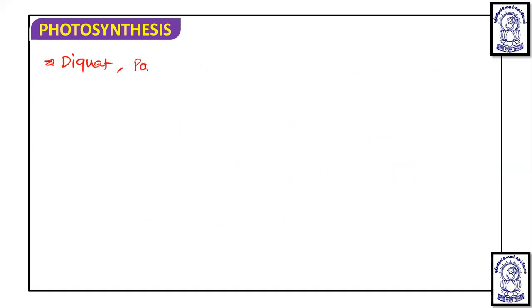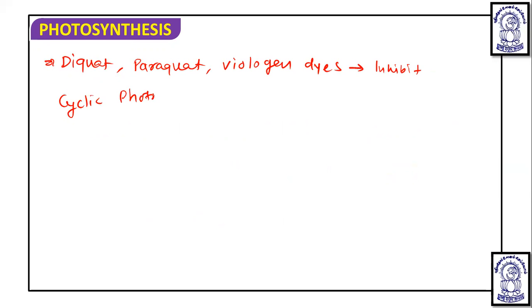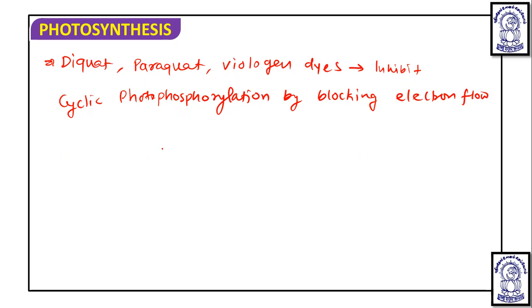Whereas other inhibitors are diquat, paraquat, and viologen dyes. These all are going to inhibit cyclic photophosphorylation by blocking electron flow between P700 and FD, that is ferredoxin.